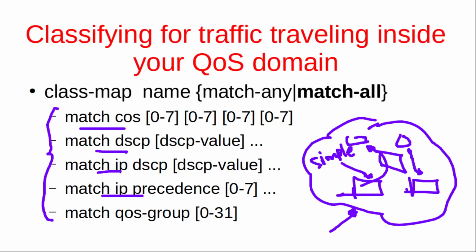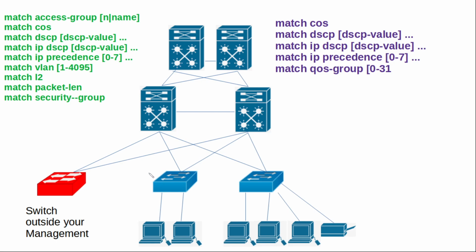So let's put an example here. Let's say you have this network and you have this set of commands here and this set of commands here. What sets of commands would you use for your class maps in this example? Notice that these devices are user devices, and here you have a switch that you are not managing.